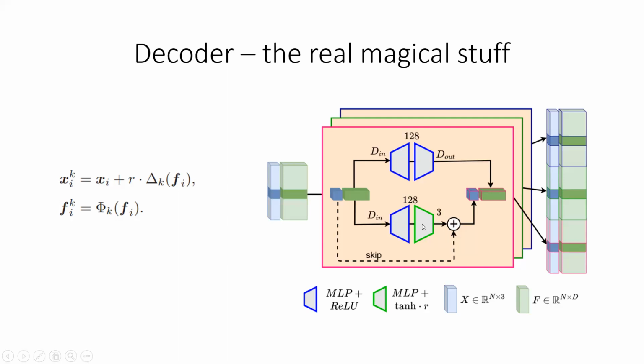This is quite interesting. So what it predicts is, say from 0, 0, 0, my new point has to be at say 0, 0, 1. So the displacement will be 1 in the Z direction. That is what the second MLP predicts. And then you're basically just adding the previous point to get the actual coordinate.